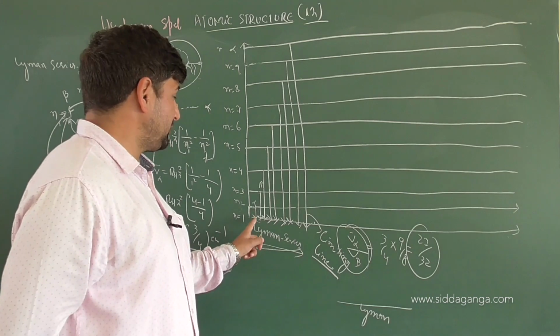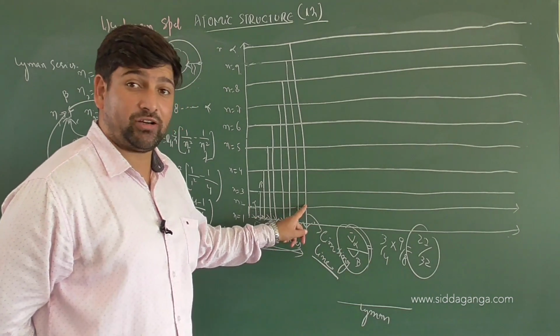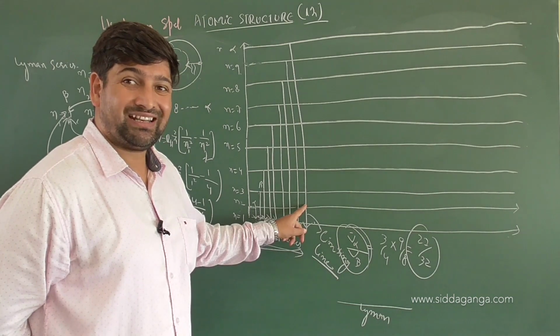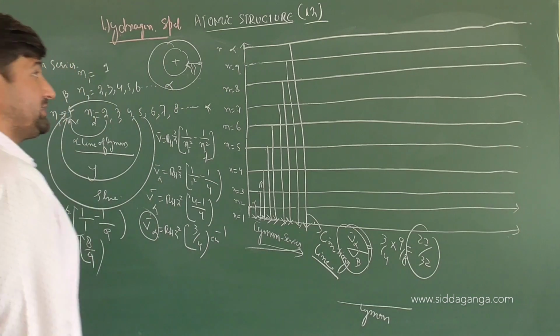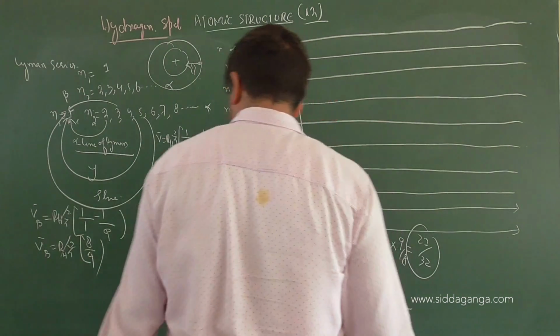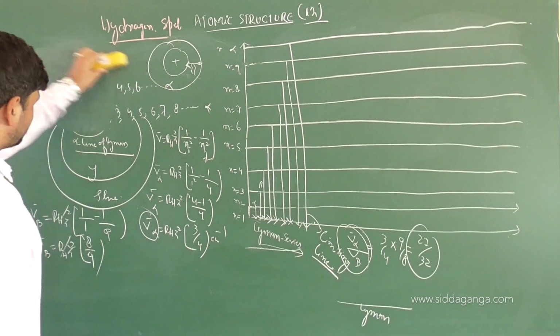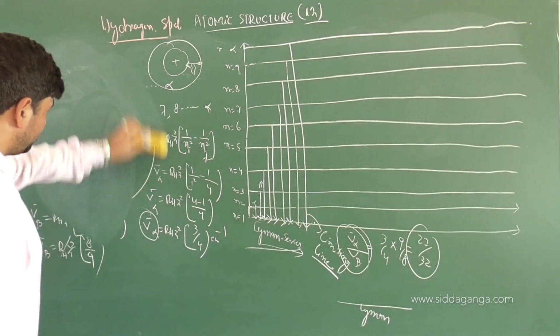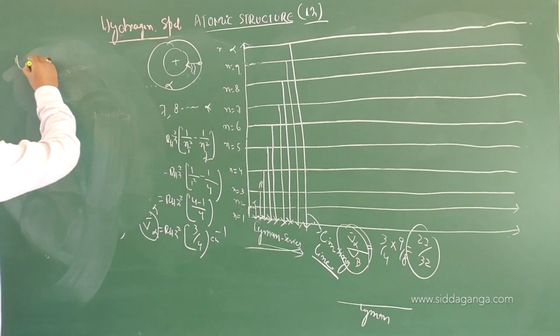Similar way, if you are asked to calculate the wave number of the limiting line of Lyman series. So for the limiting line of Lyman series, what do we have here? What is meant by limiting line of Lyman series? Yes, children, faster. Which line now?